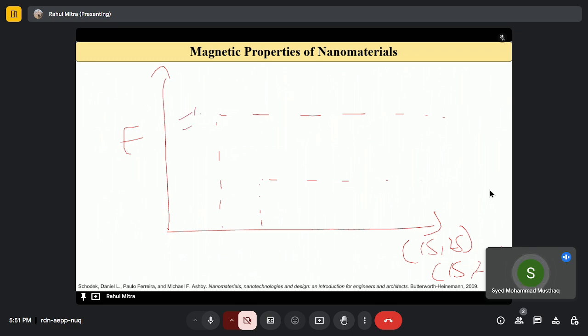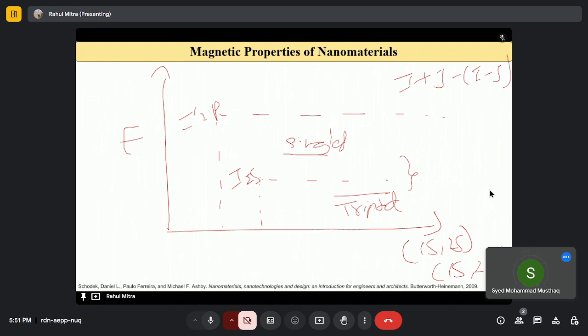If my electron is in 2p, if my electron is in 2s, right? So one goes for my singlet and another goes for my triplet. Now what is the difference in energy? I plus J minus of I minus J, that will be 2J.